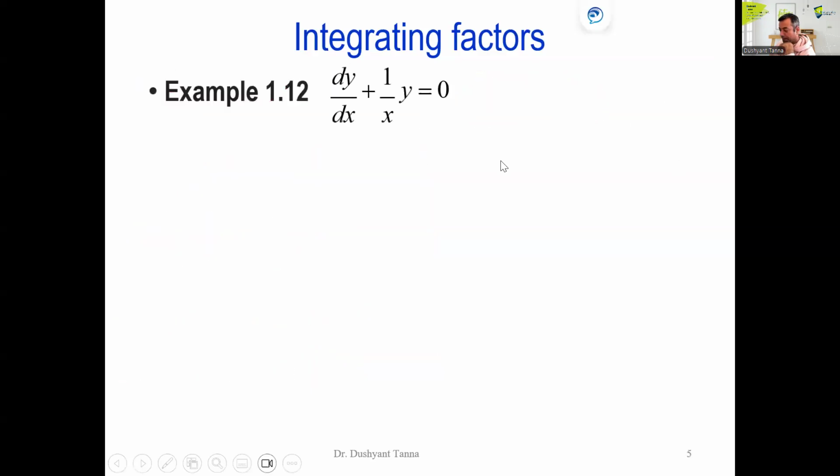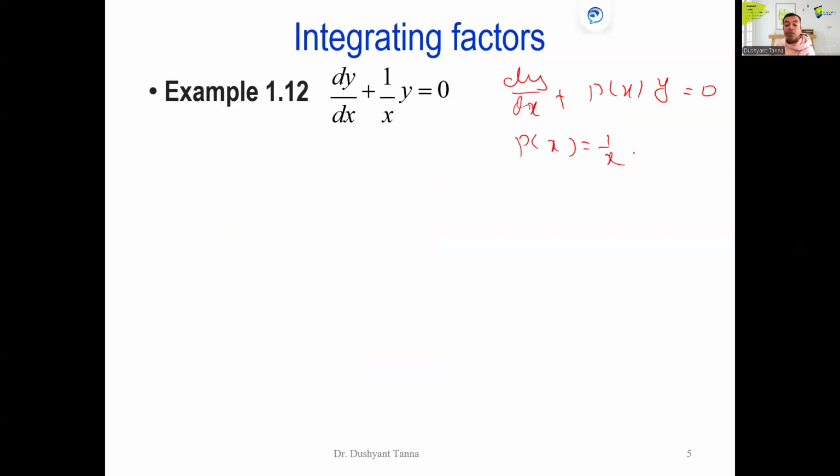Right. dy by dx plus 1 on x, y is equal to 0. We will approach with the p method, which we have just learned. So comparing this with dy by dx plus p(x) times y is 0, by comparing, obviously, I get my p(x) is equal to 1 on x.